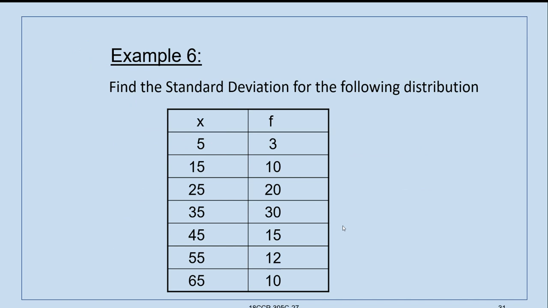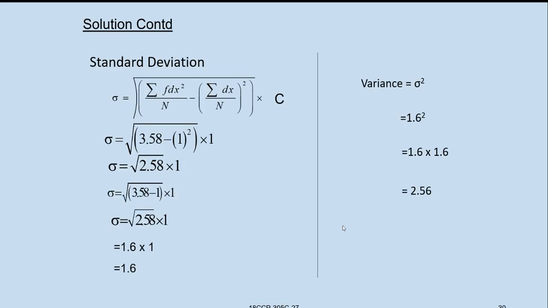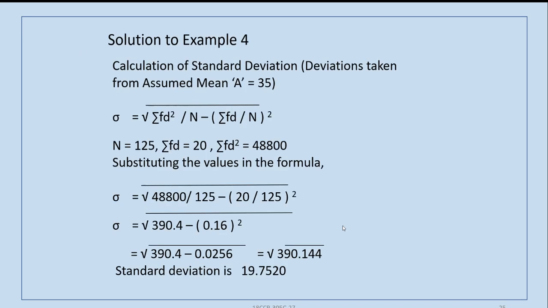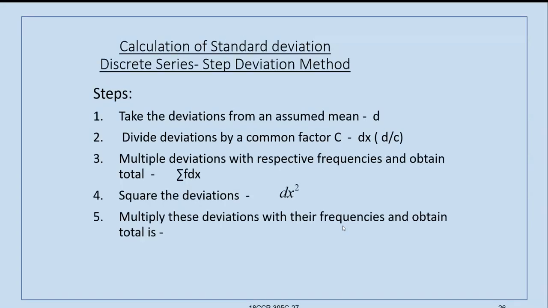The series is 5, 15, 25, 35, 45, 55, 65. One second. Previous problem, I think some mistake is there. I'm sorry. So many mistakes are there in this lesson. This is correct.